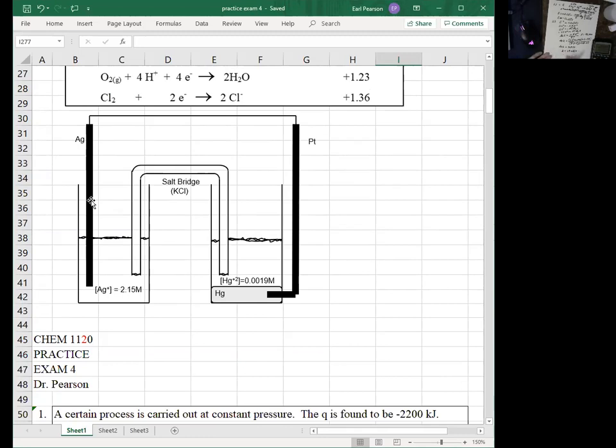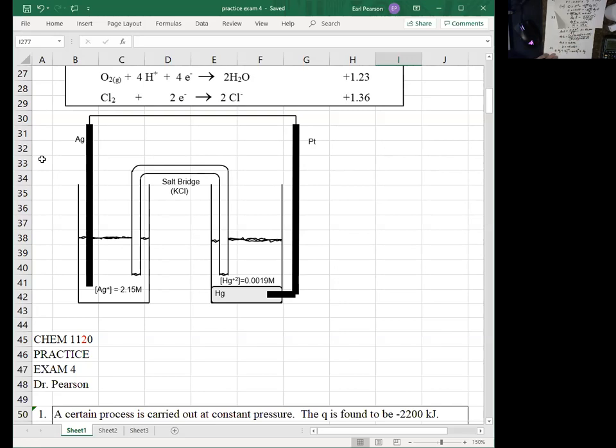And when we wrote that cell, again, remember the reaction was 2Ag plus Hg2+ goes to 2Ag+ plus Hg. Now, that's the reaction that's taking place.